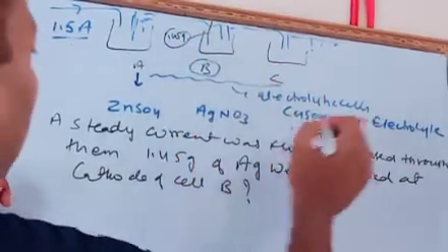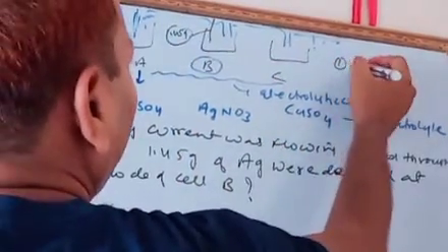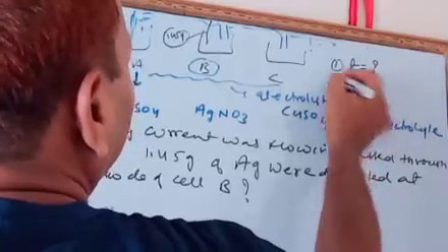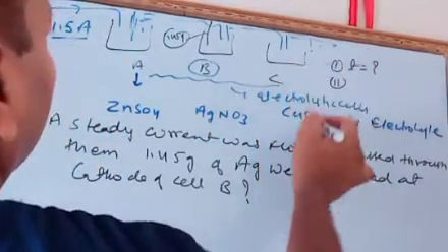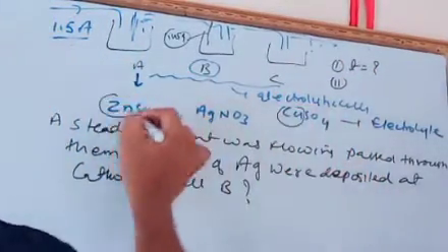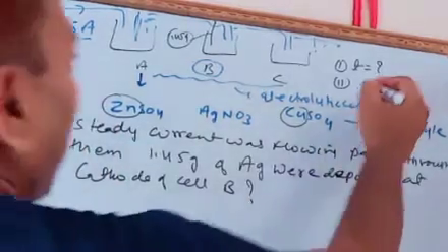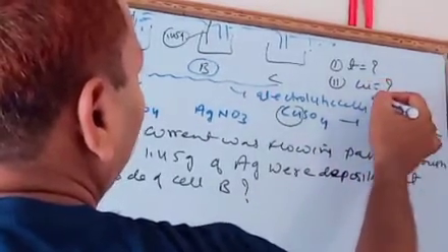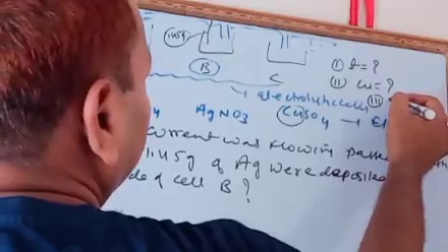So we will have to calculate two things. Number one, the time, and second, the mass of copper and the mass of zinc deposited.